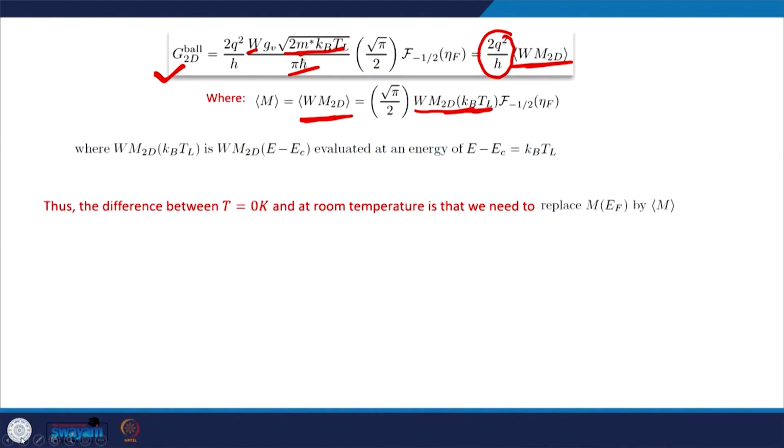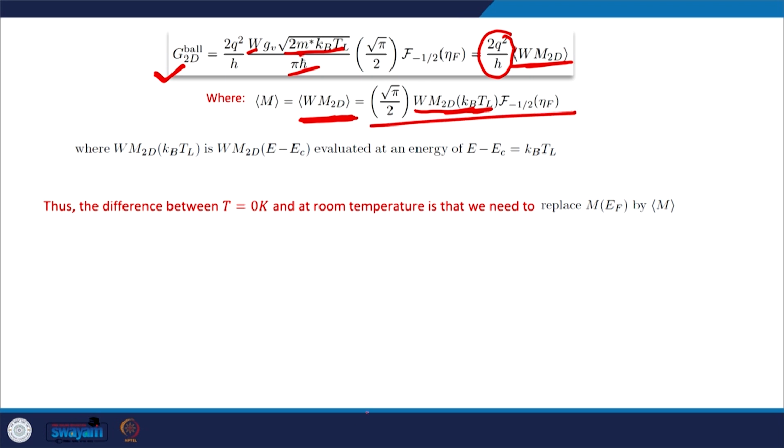So, this accounts for most of the electrons in the non-degenerate semiconductors. That is why these constant terms can be written as average of W times M2D.